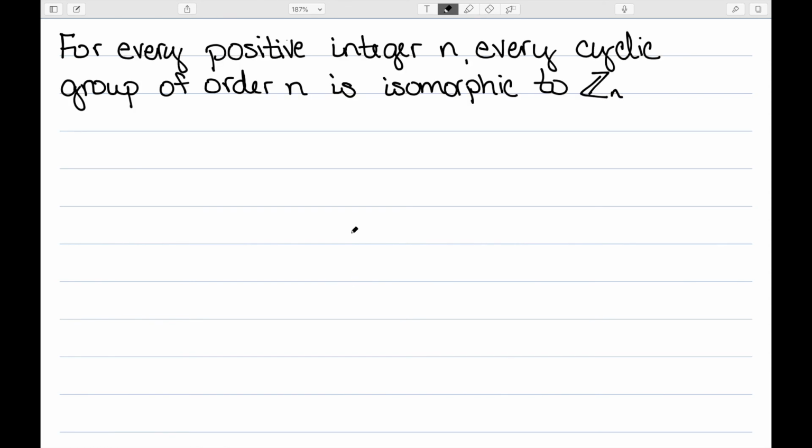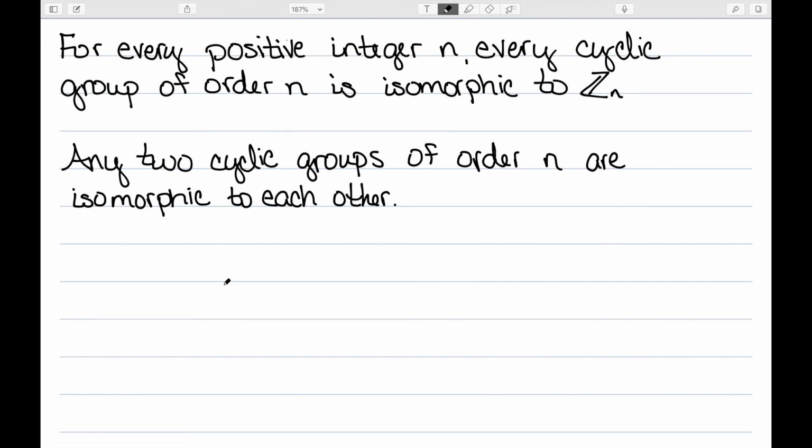Let's do a quick summary of what we just showed. The first thing: for every positive integer n, every cyclic group of order n is isomorphic to Zn using the isomorphism we just had. This means any two cyclic groups of order n are isomorphic to each other. So a cyclic group is completely identified by its order.